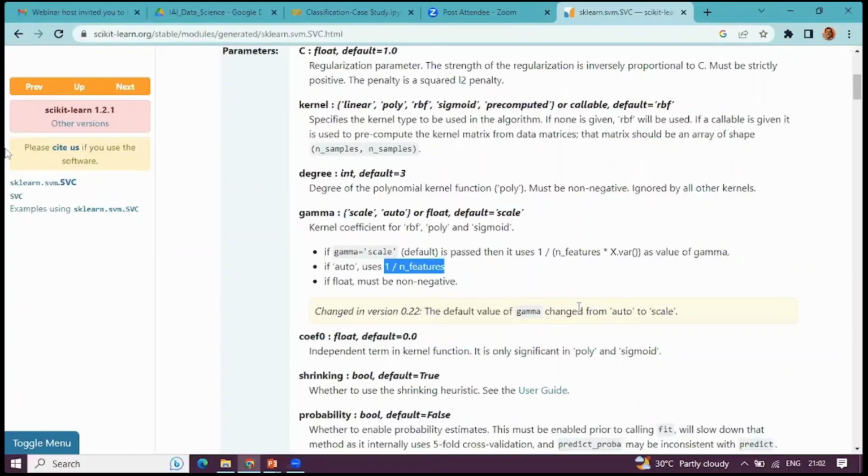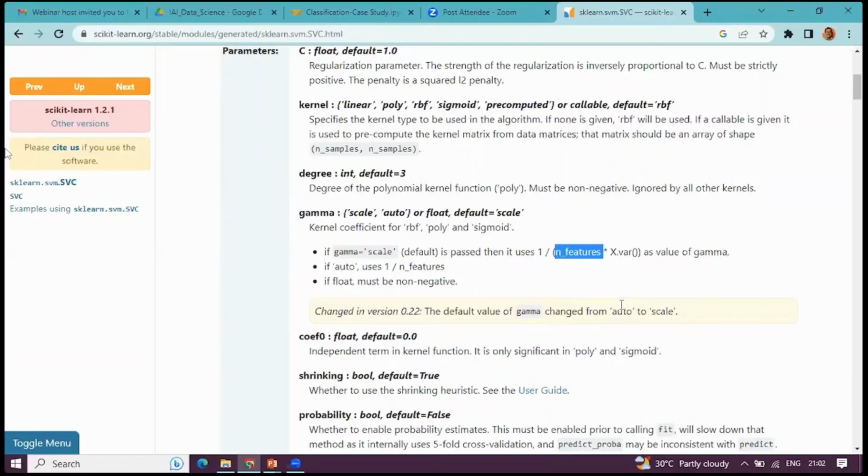Otherwise, it will take 1 by number of features times variance of x, whatever the variance of x is. Generally we do a scaling, because when we do scaling, you will always get the variance of each of the variables to be 1.